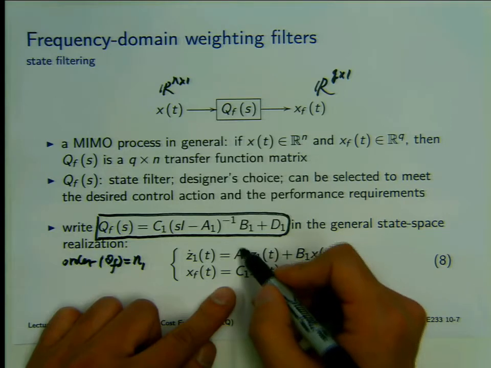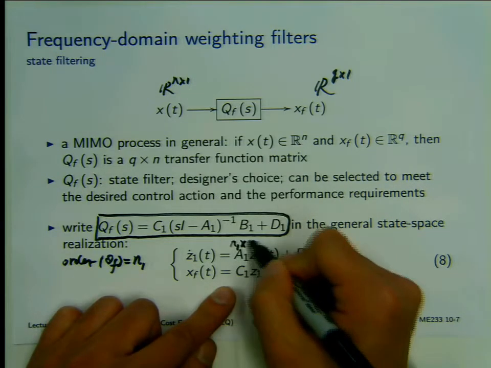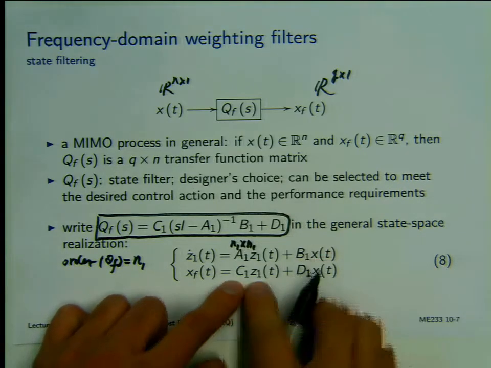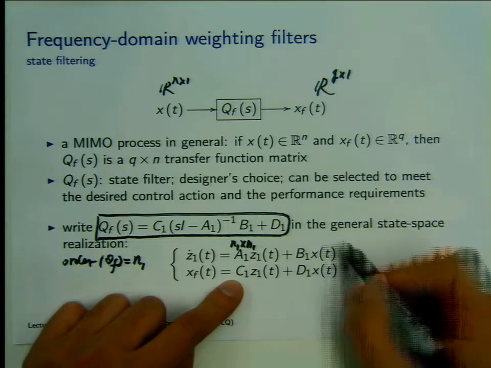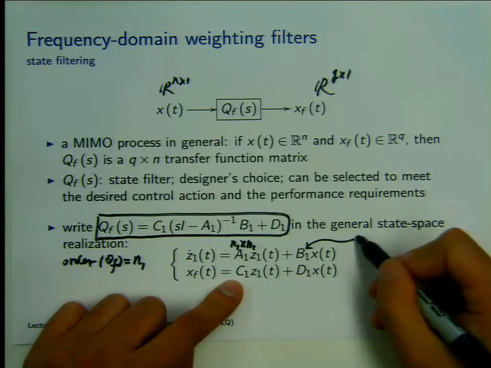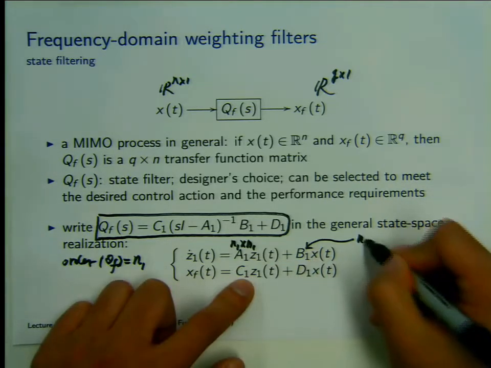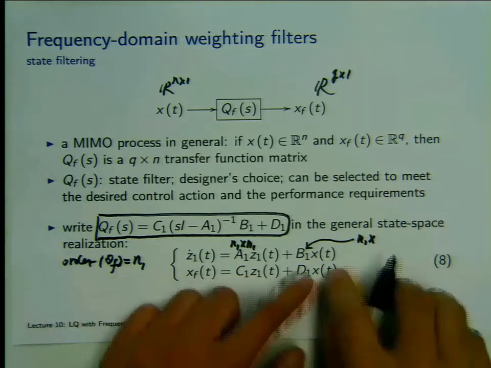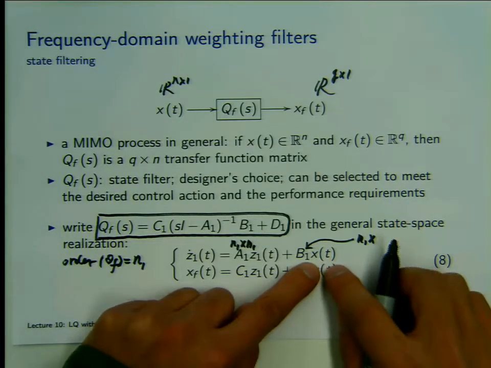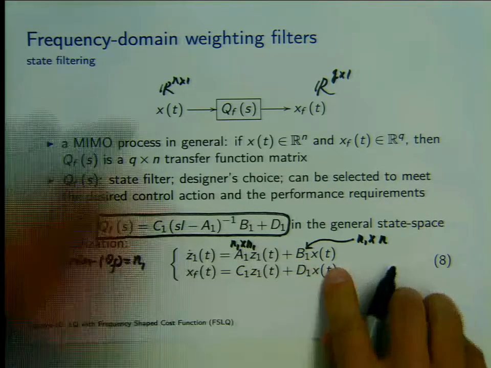N1 by N1, right? This one is easier. What you need to pay attention to when you do actual design is the dimension of B1, C1. What's the dimension of B1? It has to have the same rows as A1. How many columns should B1 have? It should be the dimension of X, so it should be n, because the dimension of X is n.